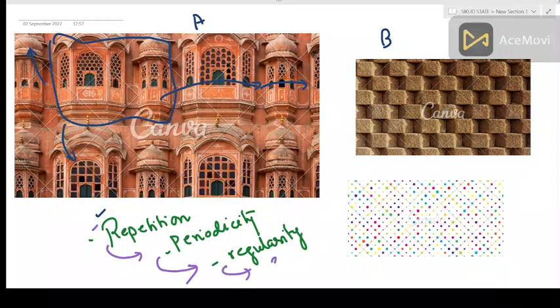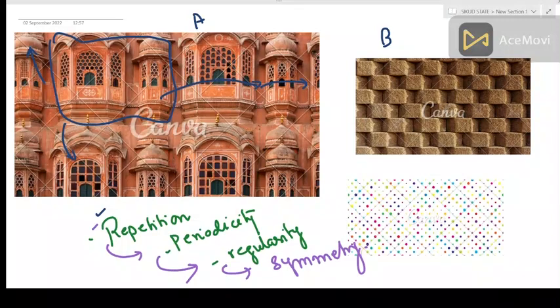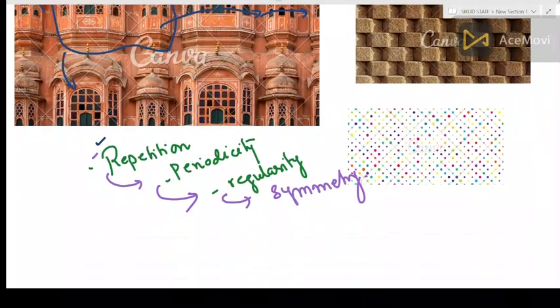This repetition is the famous symmetry in crystals that involves the entire crystallographic study and many mathematical tools. So this is the key word in solid state physics, this repetition, and it appears in many forms: in periodicity, regularity and symmetry and everything.